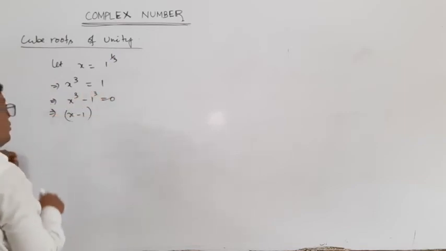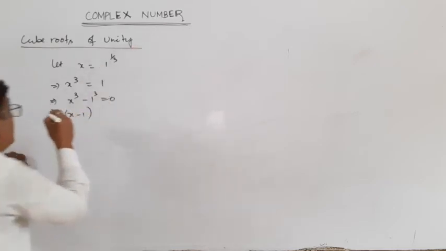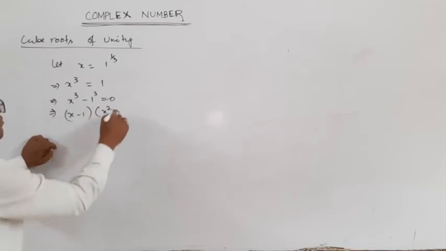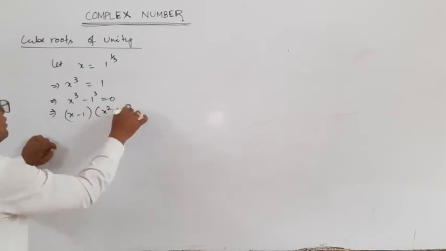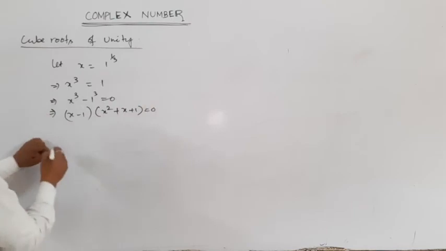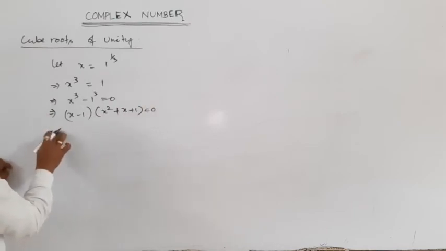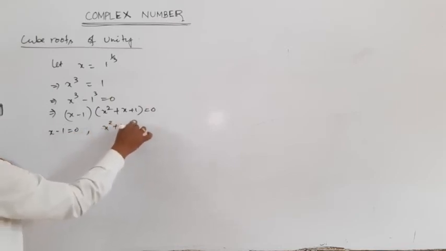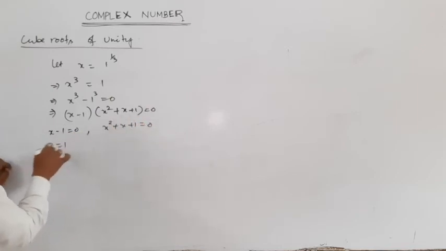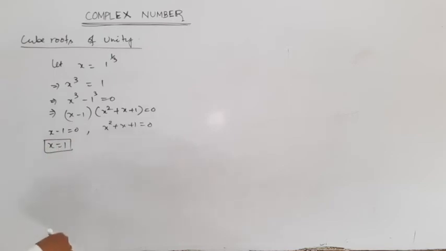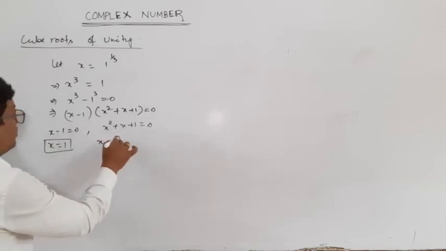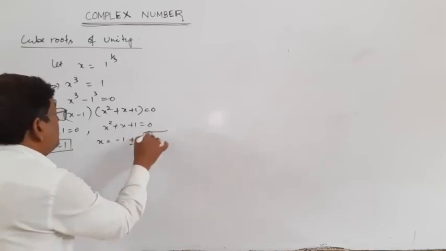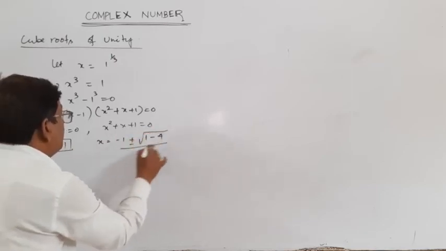A cube minus b cube is equal to a minus b into a square plus ab plus b square, so x minus 1 into x square plus x plus 1 is equal to 0. Now x minus 1 is equal to 0, or x square plus x plus 1 is equal to 0. Then x is equal to 1, the cube root, and x is equal to minus 1 plus or minus square root of 1 minus 4, divided by 2.